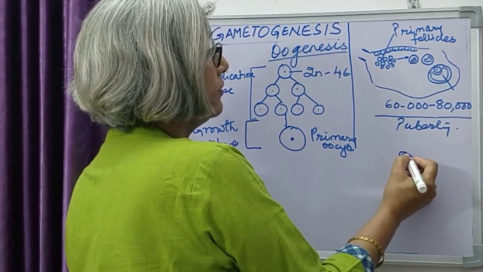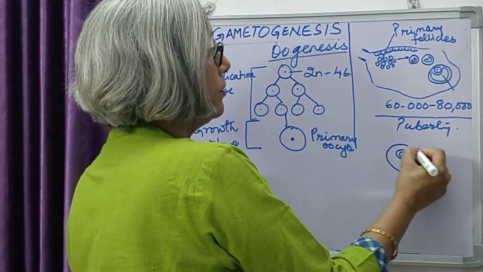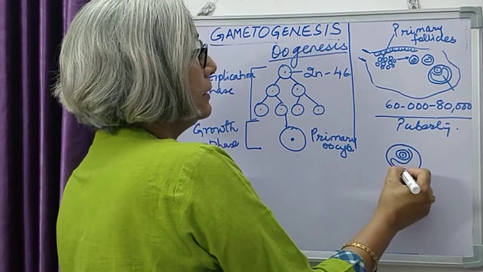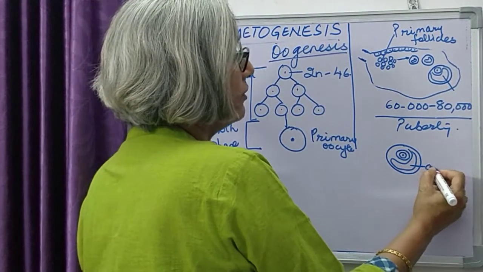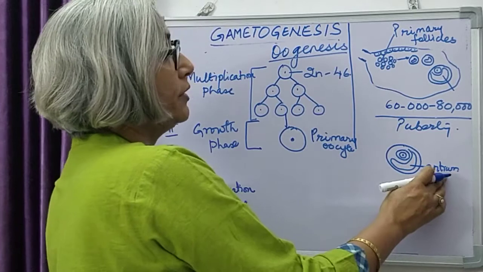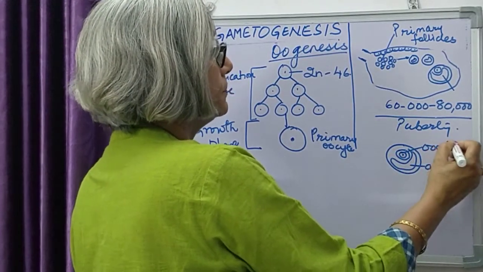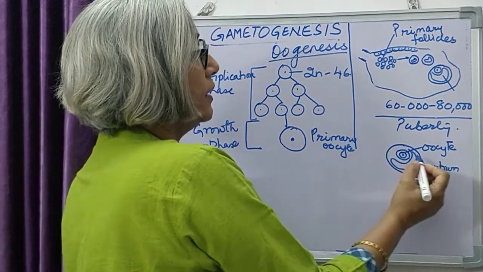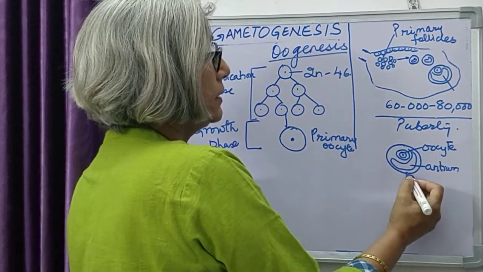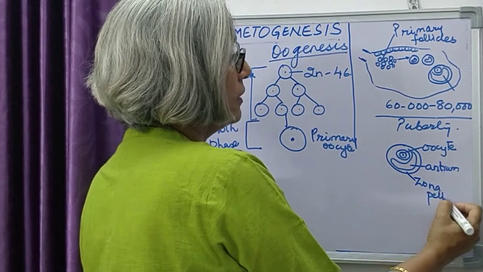This is the secondary oocyte surrounded by other cells, and it has a cavity. This cavity is called antrum. It is filled with a fluid. This is the oocyte, the primary oocyte, and this is zona pellucida.